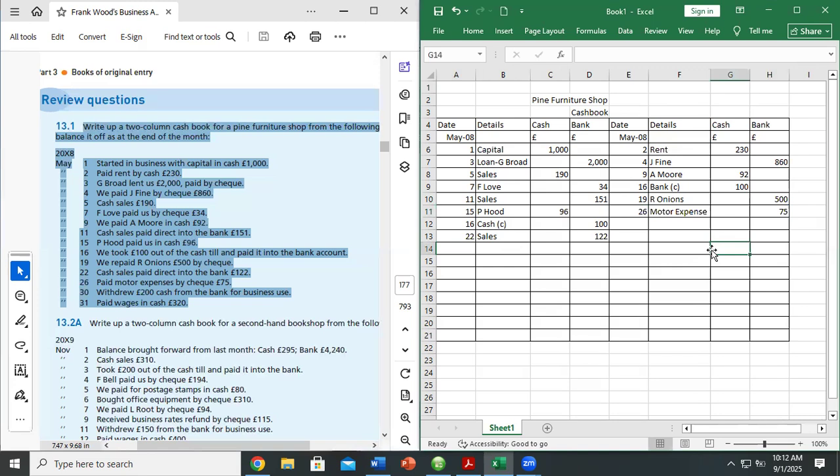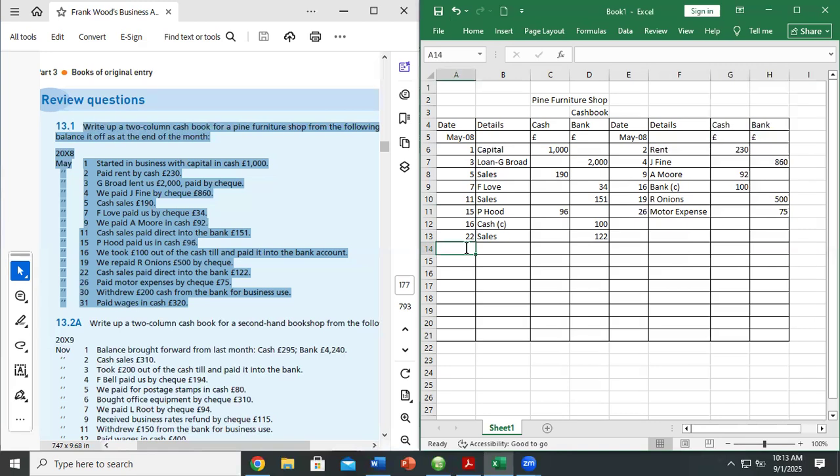Then we have 30th, we drew 200 cash from the bank for office use. So you see another contra entry transaction. We went to the bank to withdraw cash for business or office, right? So this time, who is making the payment? Bank is making the payment to cash. So cash is receiving. So we will debit cash and then we credit bank.